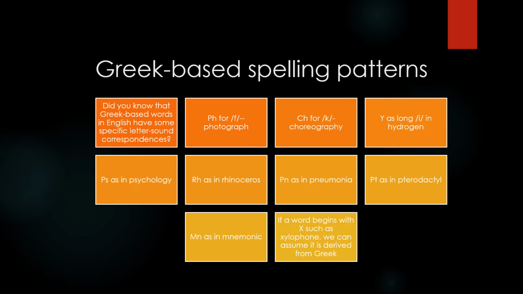Pterodactyl. Here you have the PT, and that becomes a T sound. With PN the P is silent, you have the N. Now you have mnemonic. Again, the M is silent, and you have that N. And once again, if a word begins with X, such as xylophone, we can assume it's derived from Greek.